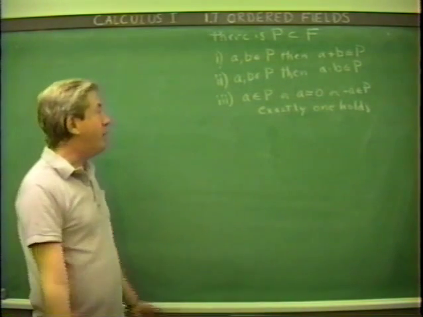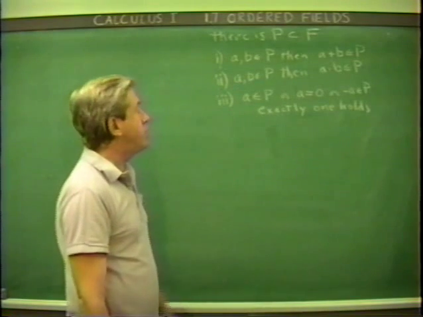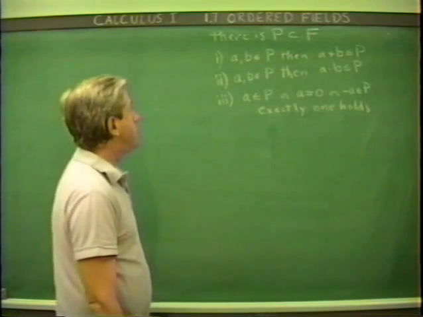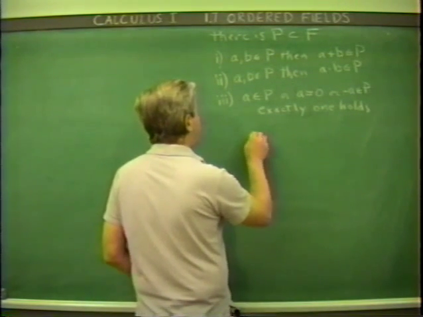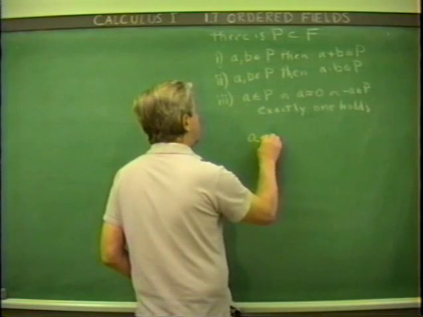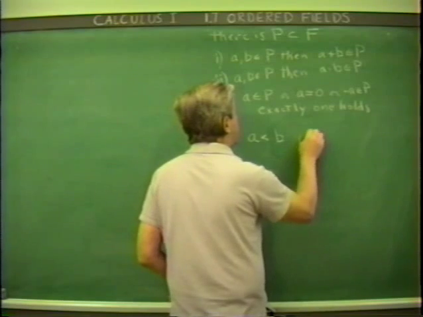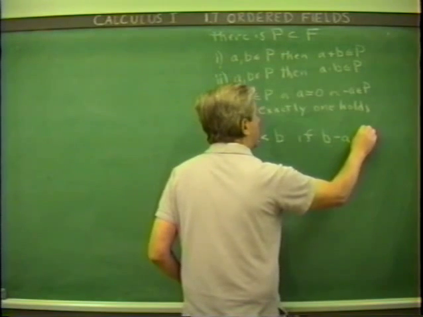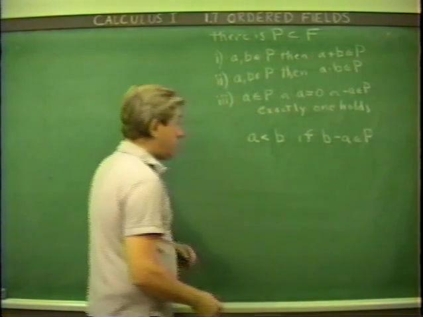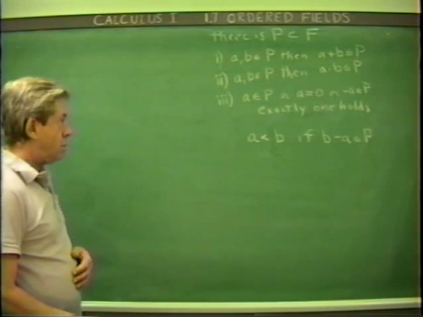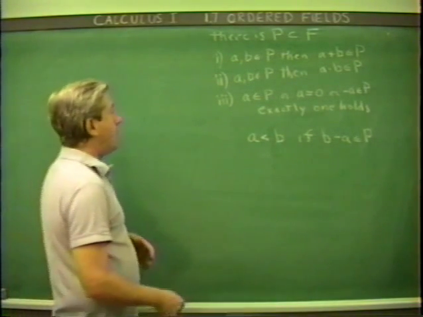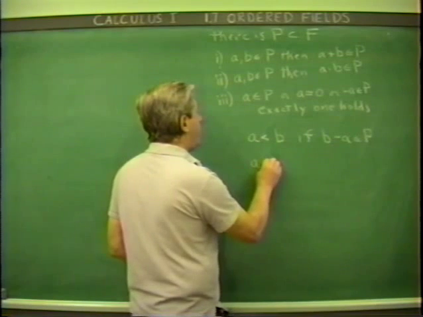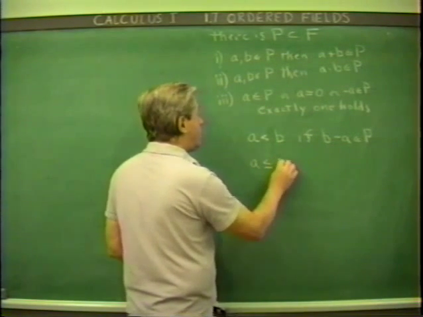If we have all three of these, and you're probably no doubt familiar with the fact that these hold for the rational numbers, for example, and also the real numbers, then we can define an order on the field as follows. We say that A is less than B if B minus A is in P. For convenience, we also want several other ways of writing the same type of thing.